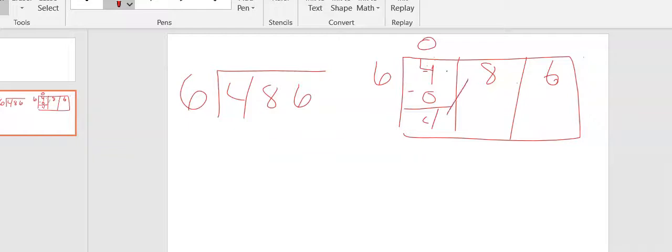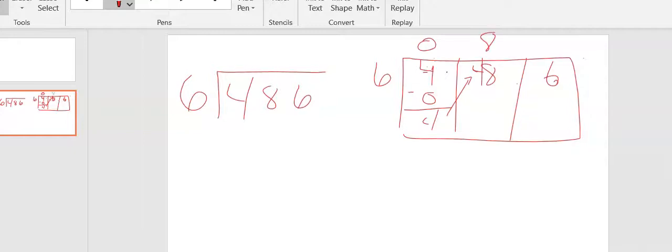We bring that 4 up here, so this becomes 48. Now how many times can 6 go into 48? Well, 6 times 7 is 42, right? And 6 times 8, that's 48, right, kiddos? So 8 multiplied by 6 is 48.